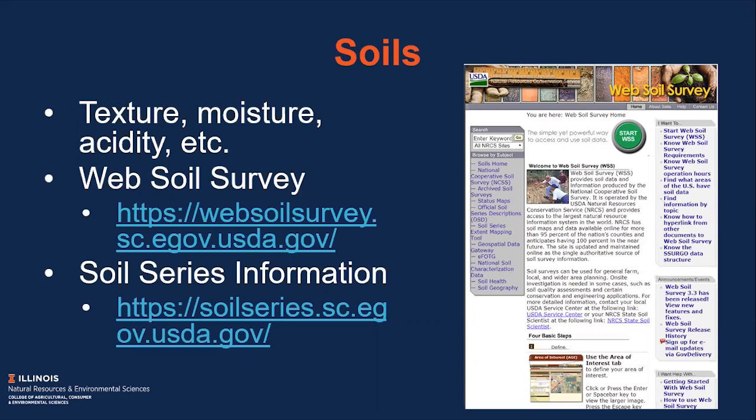If you want to try this out, you just go to this web page, click on the Start WSS button, as you see there on this cutout of the page, and from there you will generate a report, and that will give you the soil types that are present on your site. With that information, you can then go to the soil series information website that I've listed second there, and that will give you information on the characteristics of the soils that are going to be present at your site.